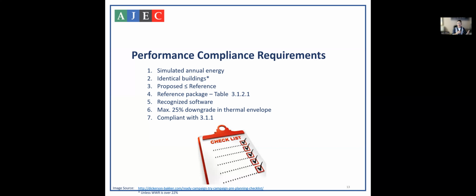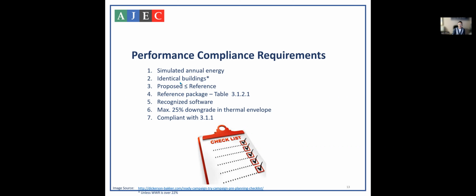And for the one that I reviewed for my associate, it is at 89% window to wall ratio. So basically, when I say identical buildings, it's only not identical if you have a very high window to wall ratio. You have to model the reference house, which is the building code package, at 22%, and whatever you design at the actual design. So that's number two. That's where it says identical building.